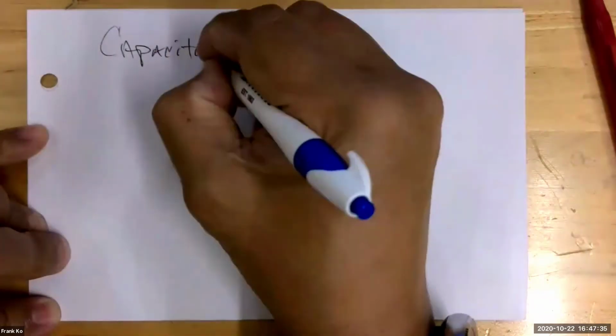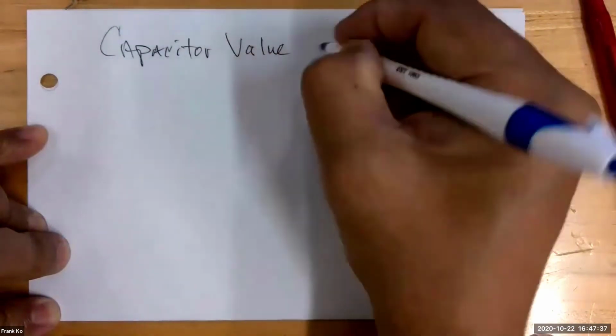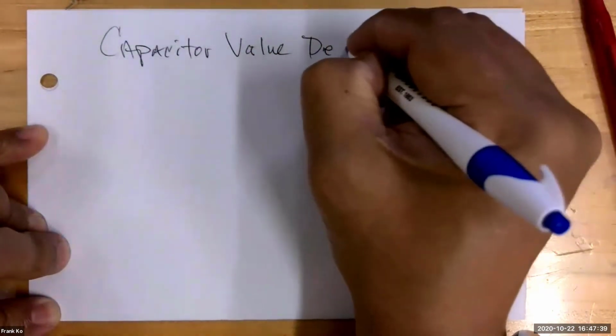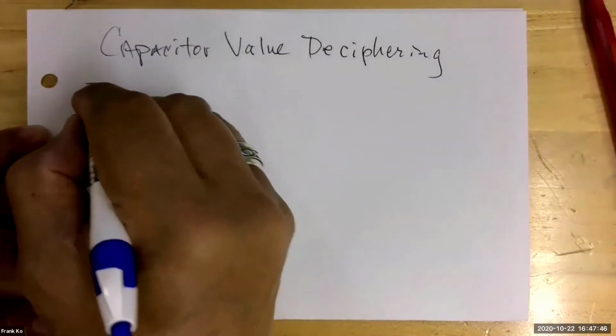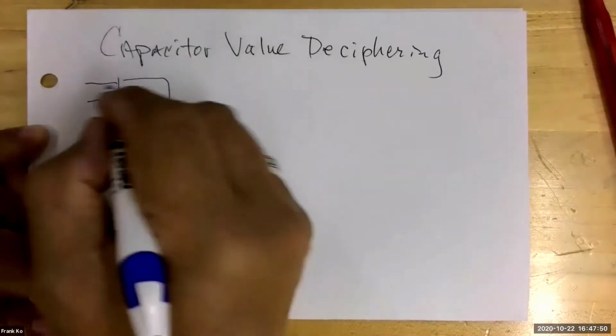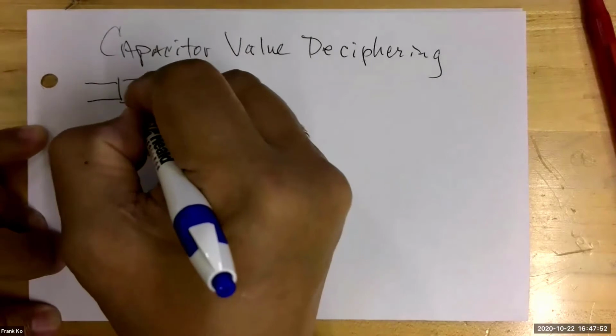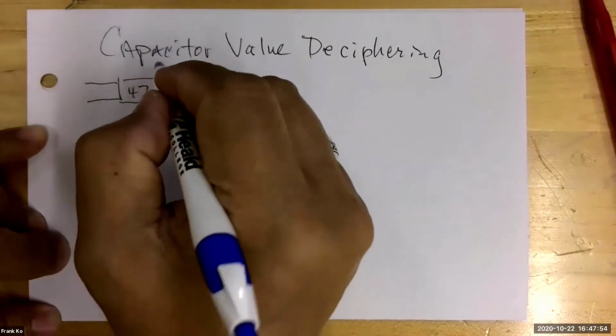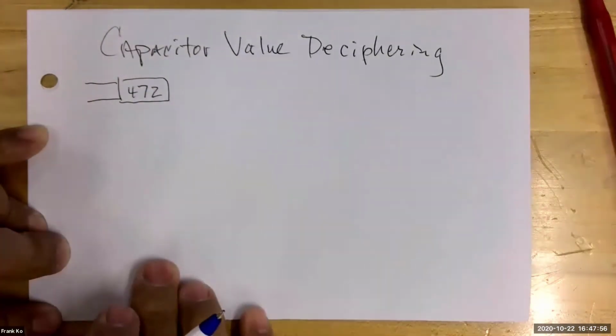Capacitor value deciphering. So on this capacitor, we happen to have a body with 2 wires, no polarity, and it's marked 472 in this case.